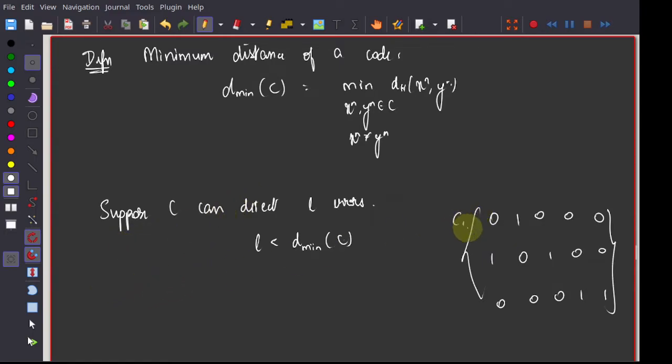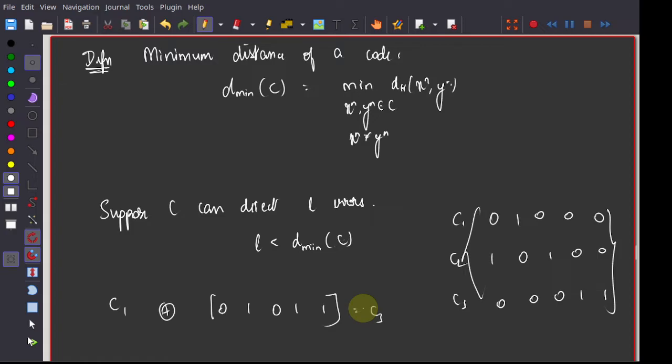So let me call these C1, C2, and C3. Basically what we're trying to say is that C1 plus this vector gives you C3, which means that there is an error vector of weight 3 which confuses you between C1 and C3.